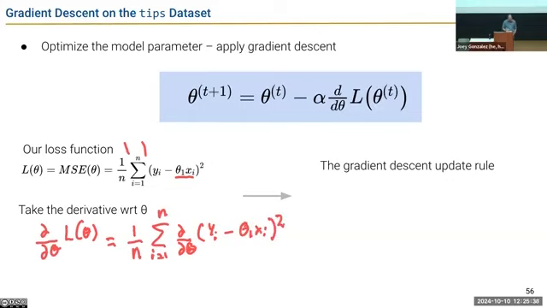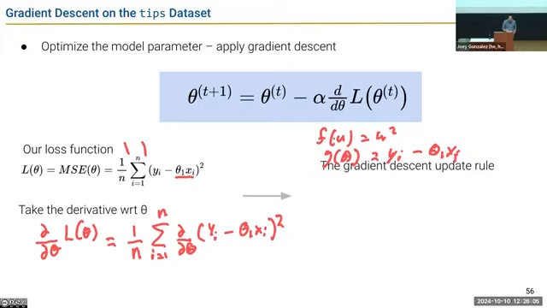Chain rule. See this thing right out here? My f here is f of u equals u squared, and my g of theta is equal to yi minus theta 1 times xi. You guys see that?